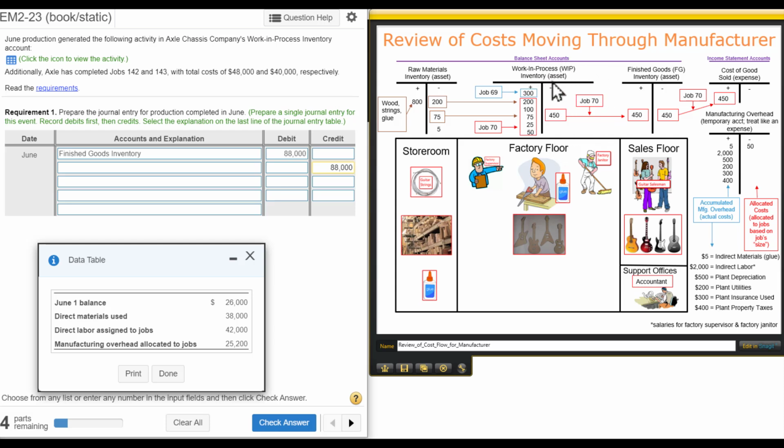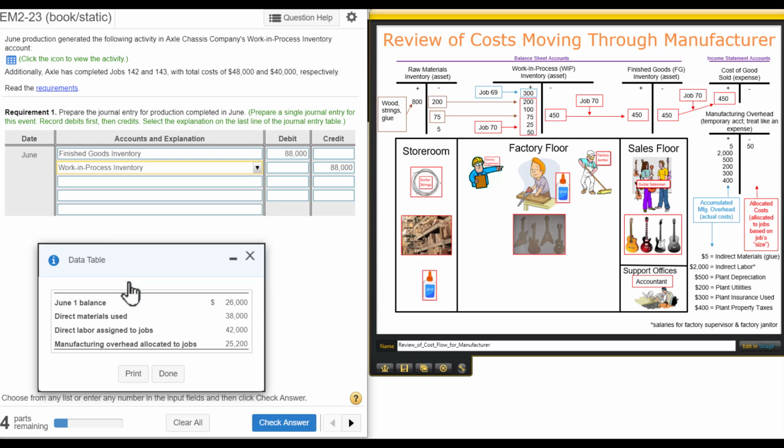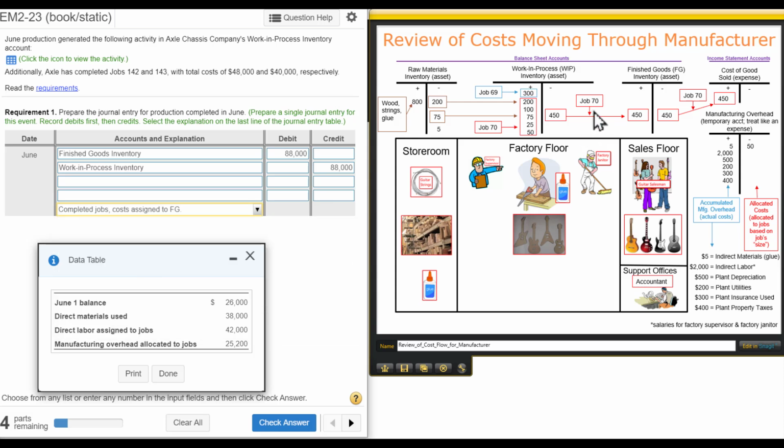So the WIP account, work in process, is declining with a credit. Work in process inventory. And the explanation is completed jobs, costs assigned to finished goods. So we're just taking it from WIP, work in process, and putting it in finished goods.